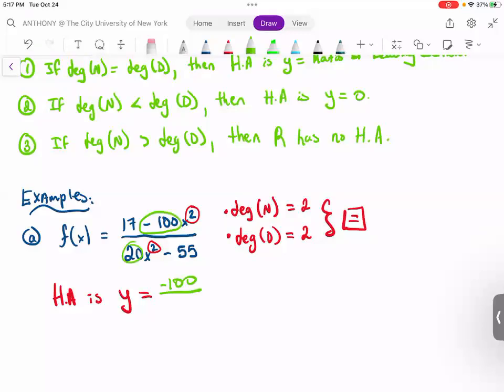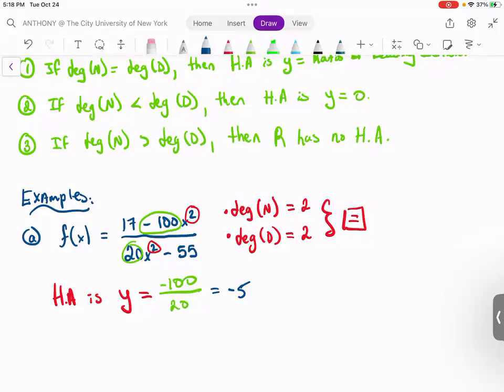Over 20. Now, can you reduce this? Yeah, you're going to get negative 5 over 1, which is just simply negative 5. Right? 100 divided by 20 is simply 5. So you get negative 5. And that's it.